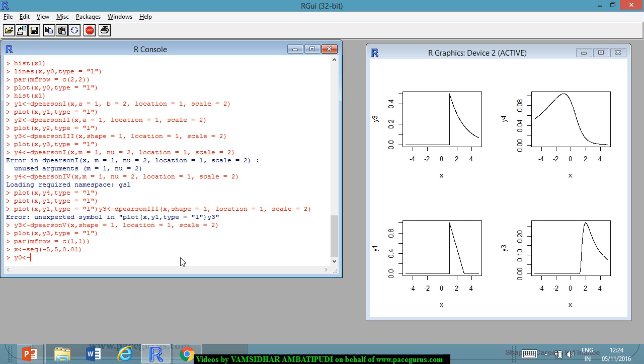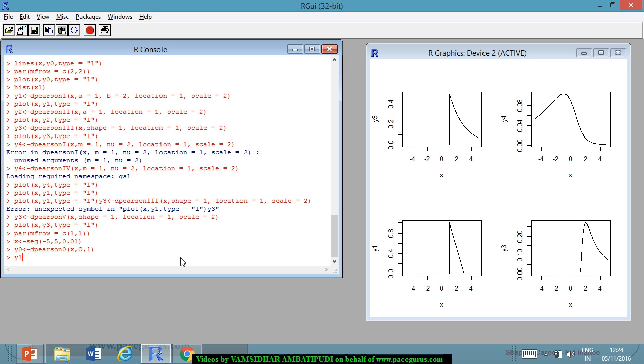Y0, let me call it dpearson0, wherein some inputs are taken, X and the parameters. So the two parameters are required. Let me set the parameters 0 and 1. Right? Similarly, I need Y1. Y1 is my beta distribution, which requires 4 parameters.